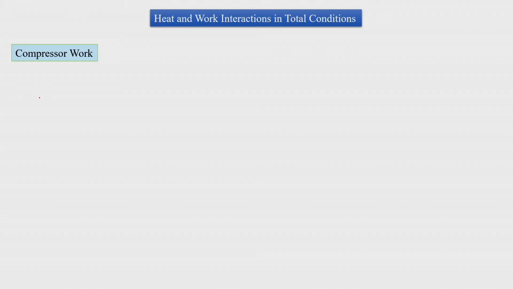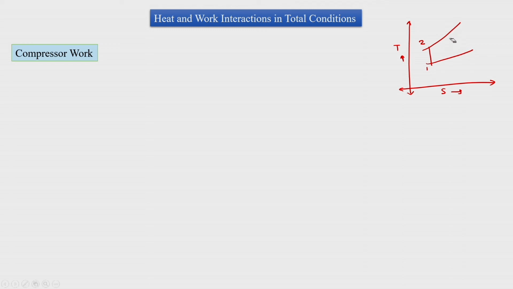We know that our Brayton cycle had a compressor as the first entity, with process 1 to 2, and then we have 3 to 4 as turbine.